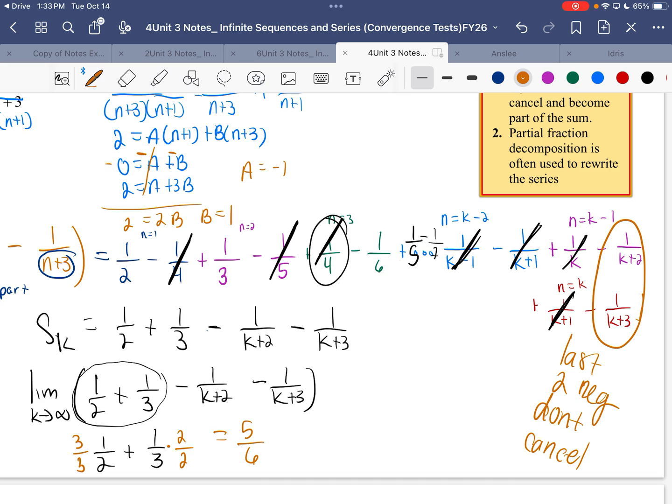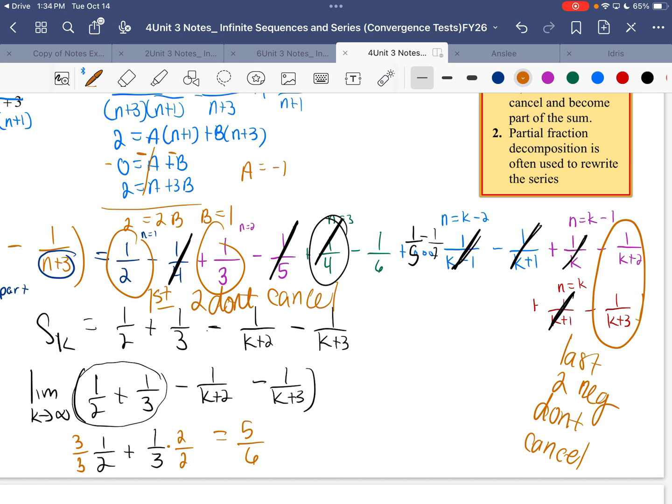So you always are going to plug in n equals k at the end? Yes. Okay. And so then, if they were 4 apart, like that one example, you would start with n equals k minus 4? Yeah. Yep.